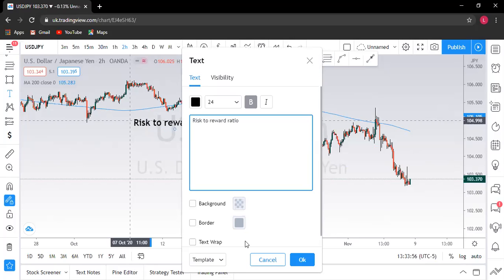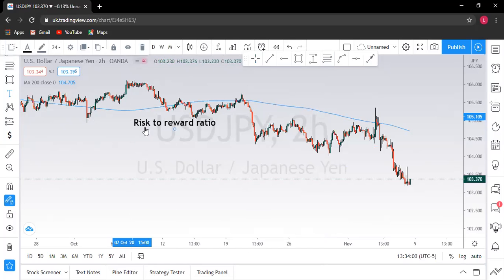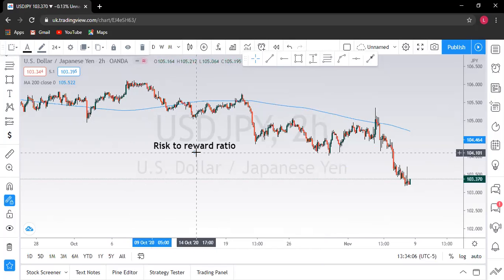So what do they mean by risk to reward ratio? That is the amount of money you are risking to make another amount. Let's say for instance your risk to reward ratio is 1:5. That means you are risking $1 to make $5.